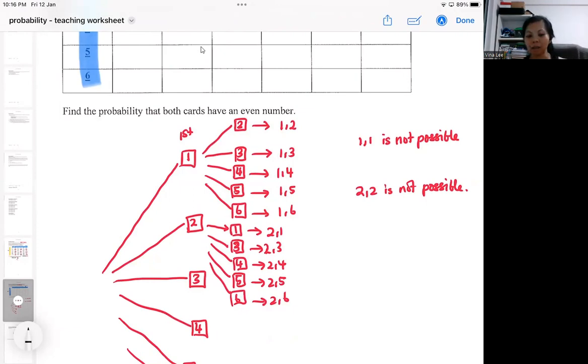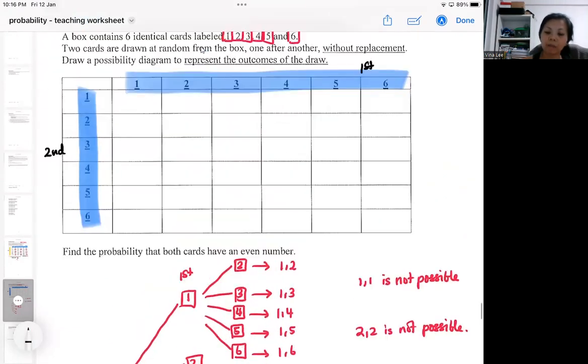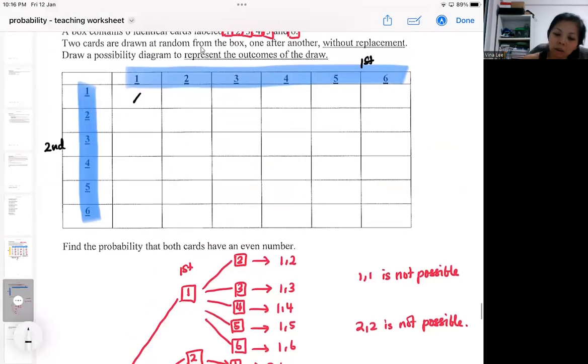Because the first card that you've taken is not going to be replaced, all these are not valid options. So you will be left with 1, 2, 1, 3, 1, 4, 1, 5, 1, 6, 2, 1, 2, 3.